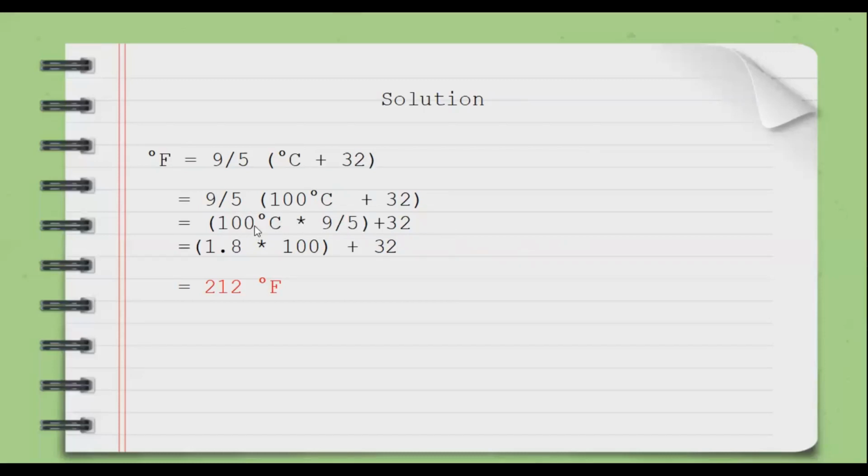So 100 times 1.8, since 9 divided by 5 is 1.8. So 1.8 times 100 is 180 plus 32, we have 212. Therefore, the value of 100 degrees Celsius in degrees Fahrenheit is 212 degrees Fahrenheit.